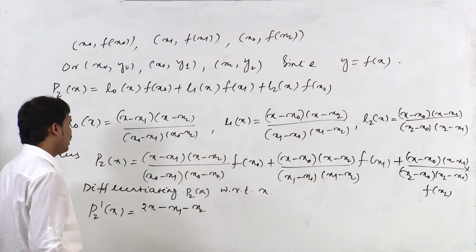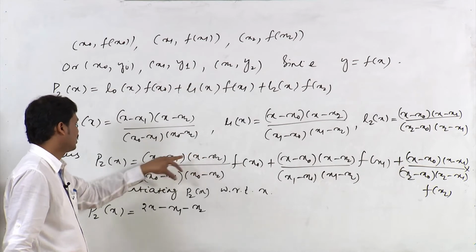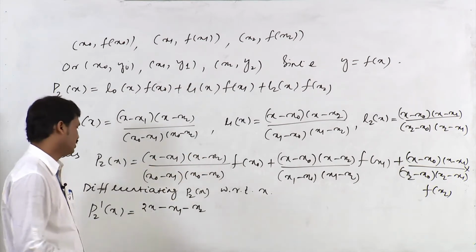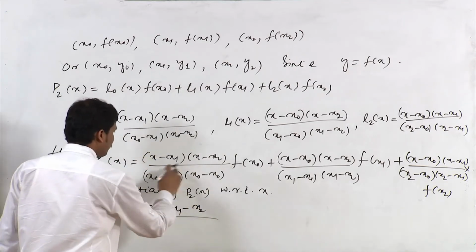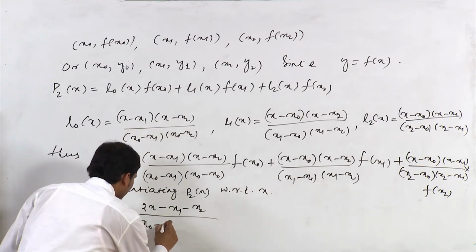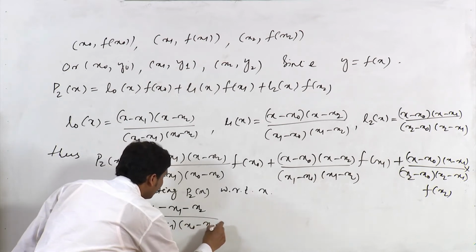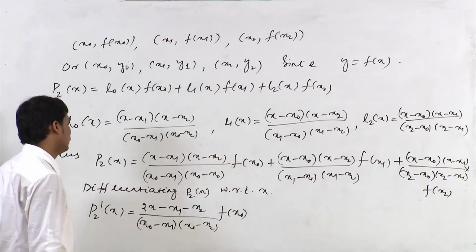The last term is a constant, x1 x2, and its derivative will be 0. Then divided by all of these points, which are all constants, so we can write (x0 minus x1)(x0 minus x2) f(x0), since all are constants only.